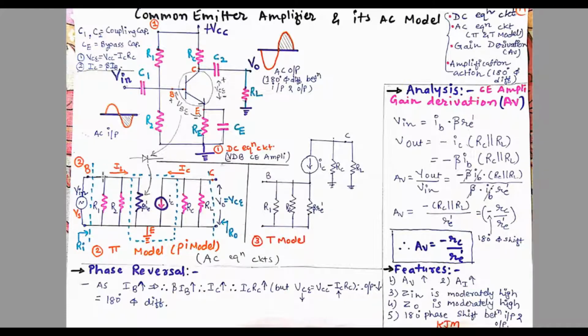So we can draw the terminals and we can give the names. This is base, this is collector, and this ground line is common emitter, that is emitter terminal, because this is common emitter circuit. So this is just the equivalent circuit in the shape of pi.